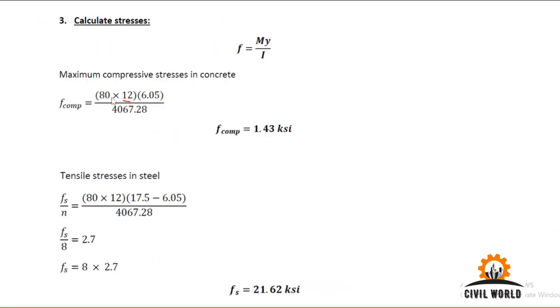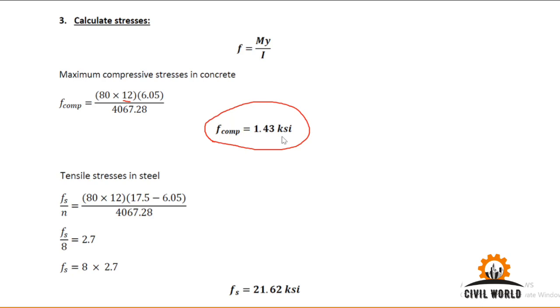So moment into 6.05 divided by moment of inertia. Your maximum compressive stress in concrete comes out to be 1.43 ksi. If we are using 3000 psi concrete or 3 ksi concrete, it is less than 50% of the compressive strength of concrete.